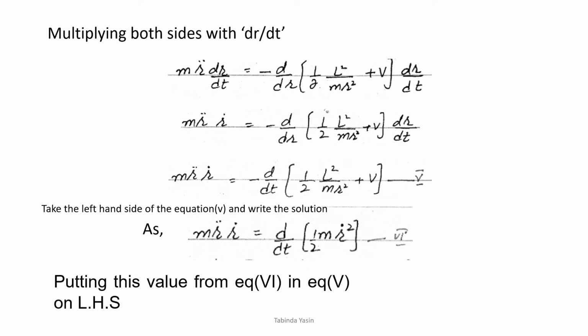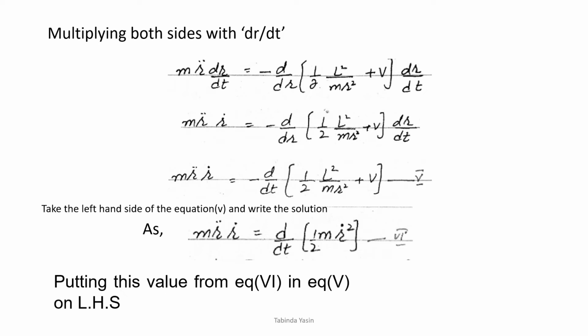Now multiplying that equation with d by dr over dt on both sides, we get m r double dot dr over dt is equal to minus d over dr into 1 over 2 L square over m r square plus V, bracket close, dr over dt.